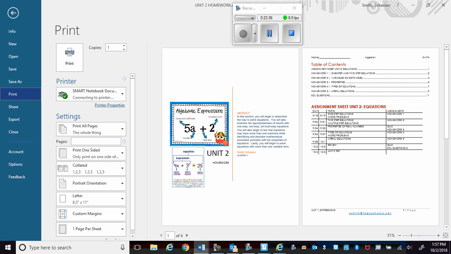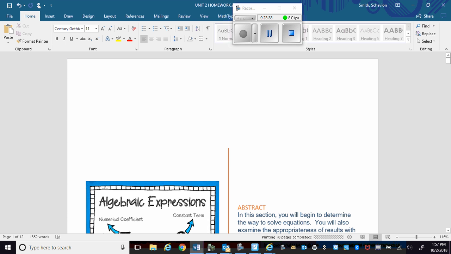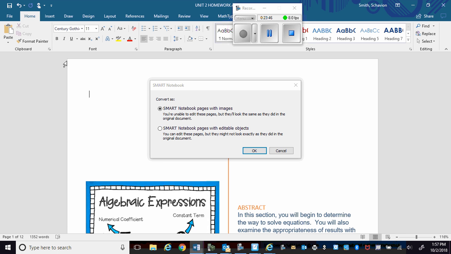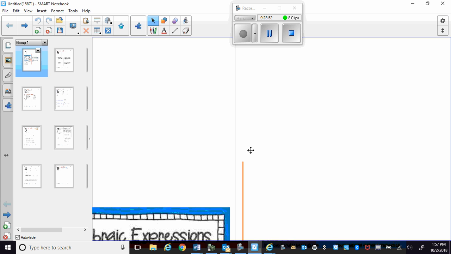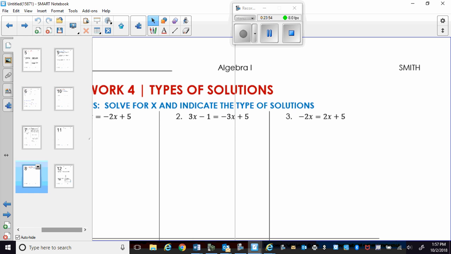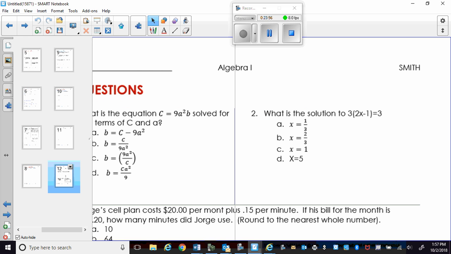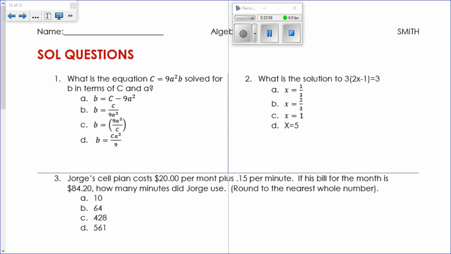We're going to do SOL questions. No questions from any homeworks. What page? Page 10, number 12. We're going to do SOL questions first, though.